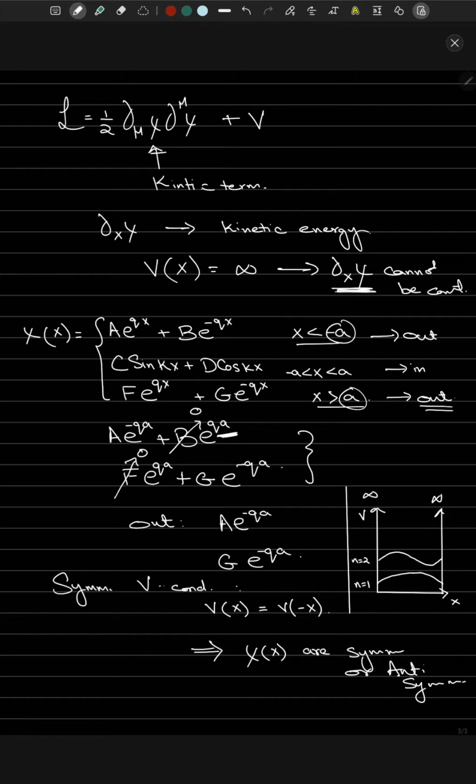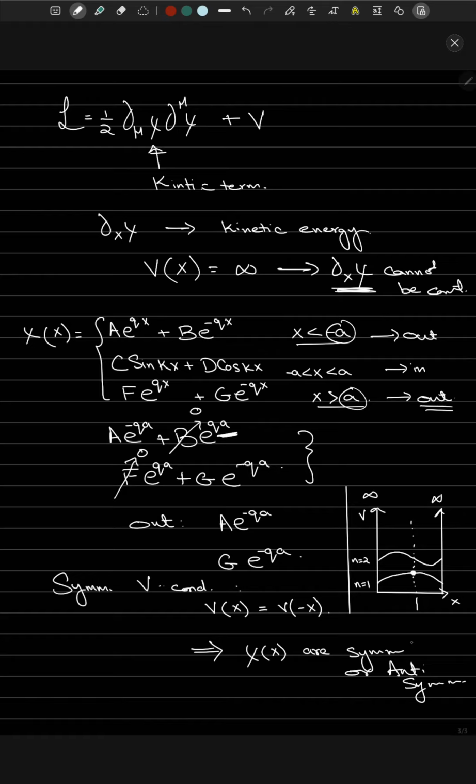So you can see that this function is symmetric about the origin, while this function is anti-symmetric, and all of the other curves that you would have would be either symmetric or anti-symmetric. So this then implies that psi of x should be symmetric or antisymmetric.